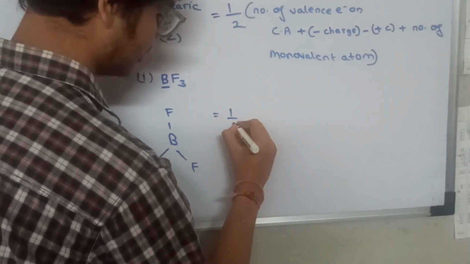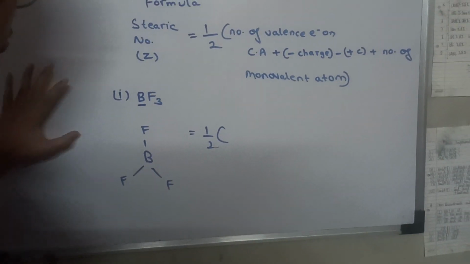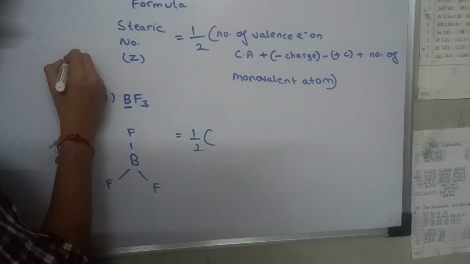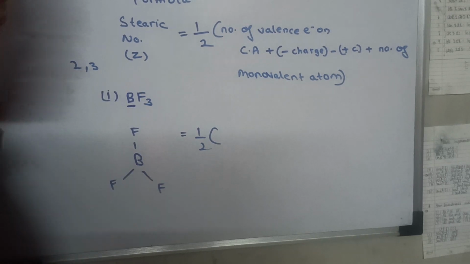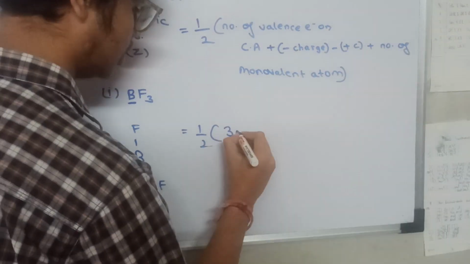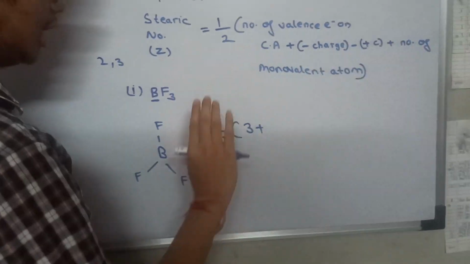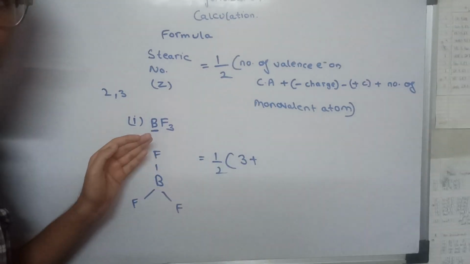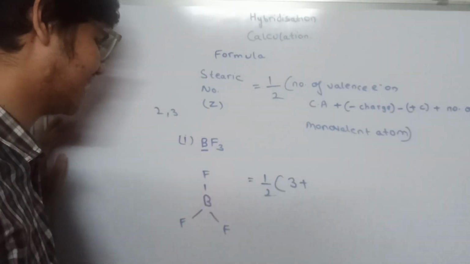So let's apply the formula over here. Half the number of valence electrons on B. Tell me the configuration: 2, 3. So valence electrons are 3. There is no negative charge or positive charge. How many monovalent atoms are there?